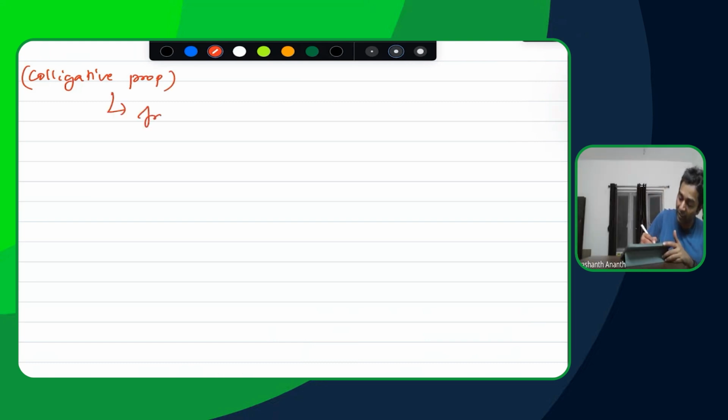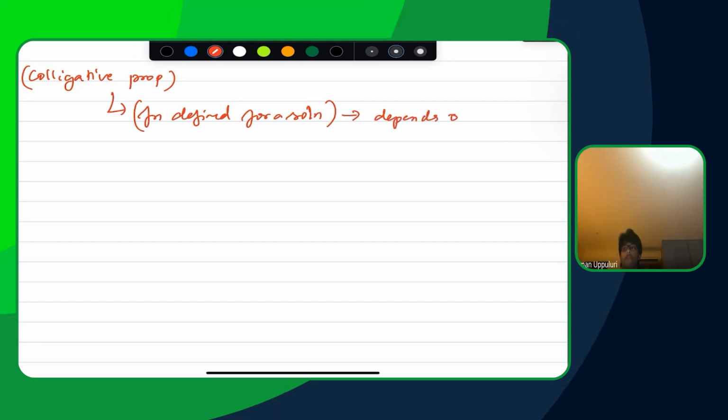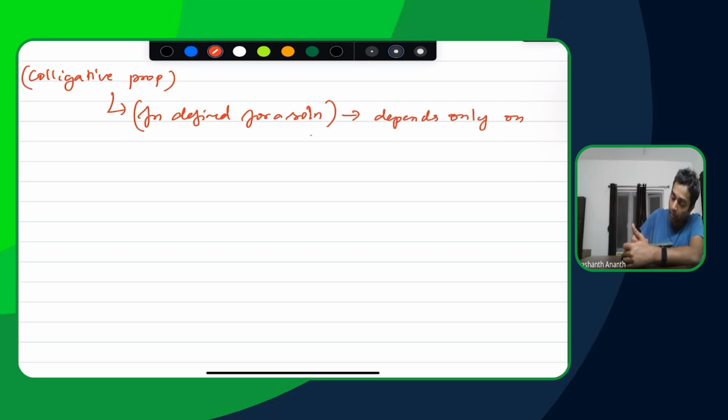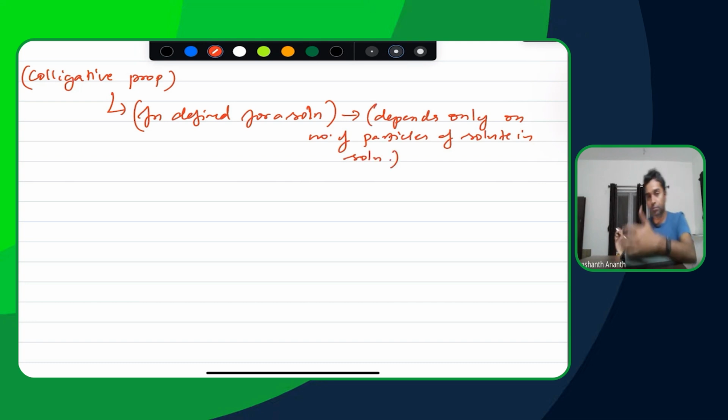A colligative property is a mathematical function defined for a solution, which depends only on the number of particles of solute in solution. Now that I'm defining a new term for it, that means quite a few of the properties of solutions are going to be of this type.